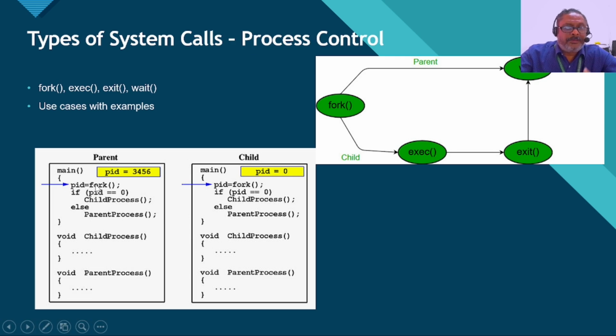If this is the parent process, it returns the PID of the child, and if it is the child process, a 0 is returned. That means from now onwards in the parent process, the PID variable will have a value of 3, 4, 5, 6, whereas in the child process the PID variable will have a value of 0.